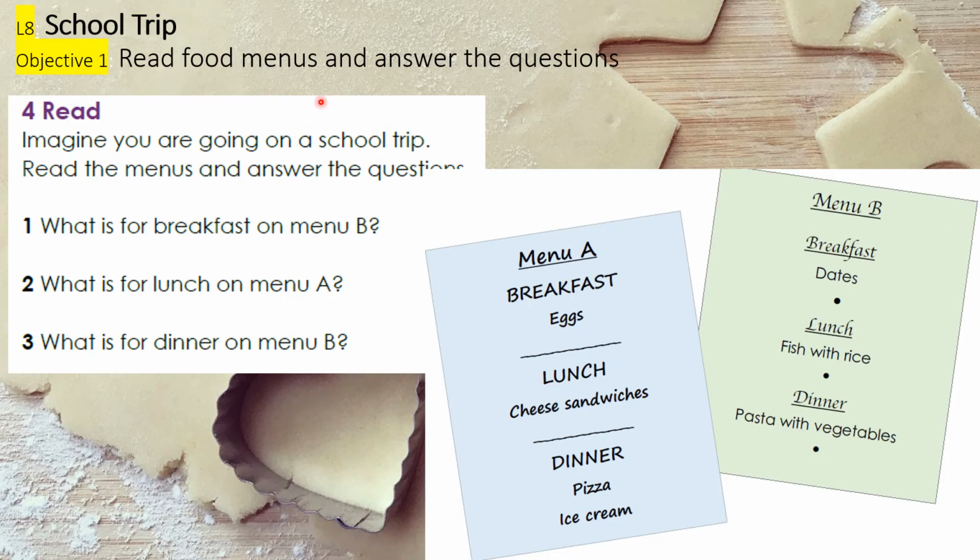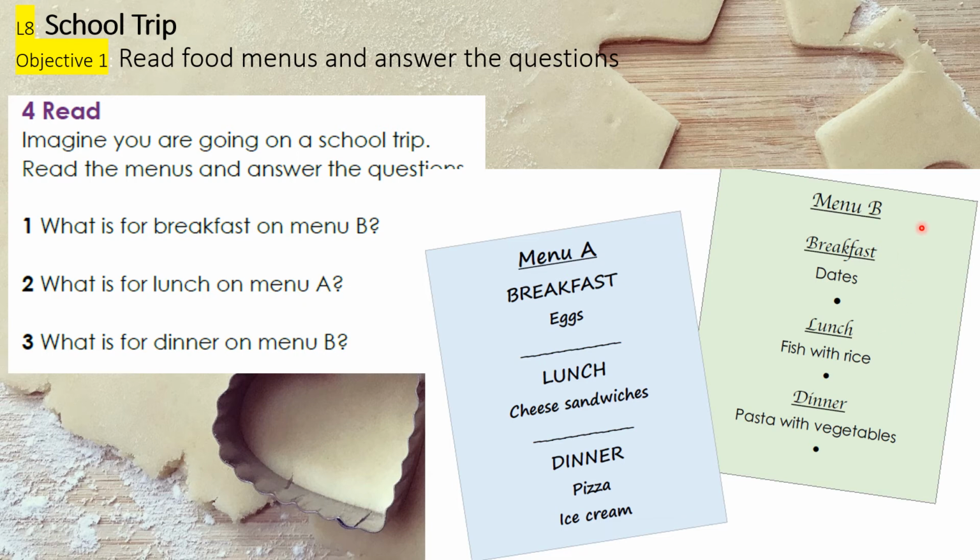Here we are going to read food menus and answer some comprehension questions. Here we don't have one menu, we have two menus, menu A and menu B. Let's read the menus first. For menu A, we have eggs for breakfast, cheese sandwiches for lunch, and pizza and ice cream for dinner.